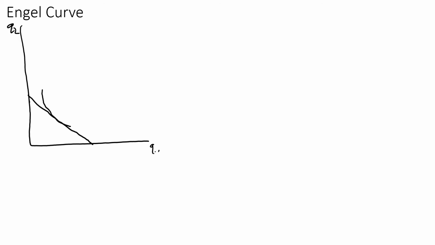We have a similar graph: Q1 on the x-axis, Q2 on the y-axis, and we have a budget constraint and an indifference curve. So initially we will be consuming at point A.